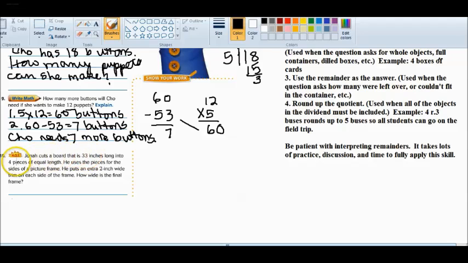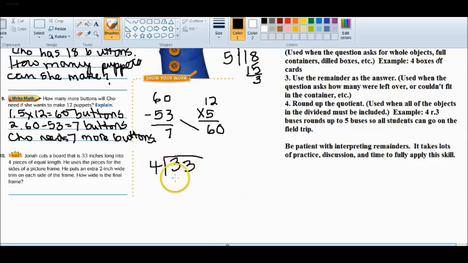Well, first of all, we know that if he's cutting a board, we're going to use our remainder as a fraction, because you can cut things into 1/4 inches and 1/2 inches, so we'll report it as a fraction. The first part of our problem is the whole board, 33 inches long, and we have to divide that by 4.